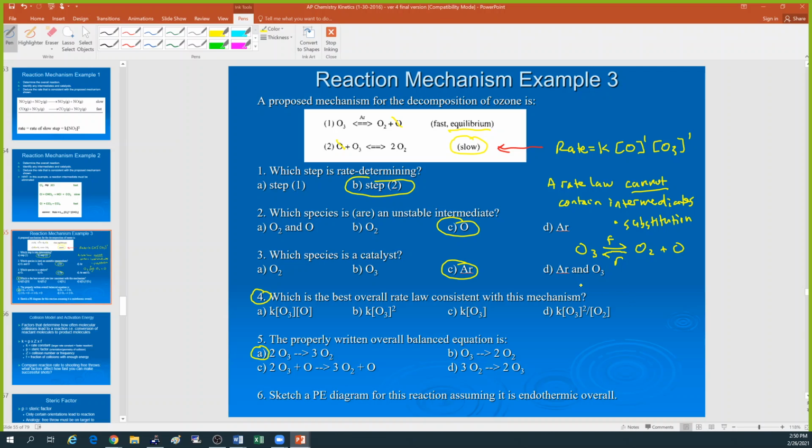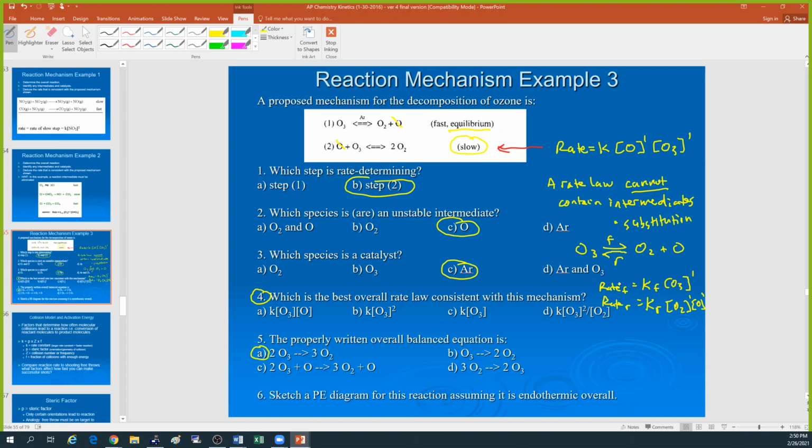Now check this out. If we write the forward rate law, we could say the rate in the forward direction would be based on some forward rate constant times ozone to the first power. But can't we also write a rate law for the reverse reaction? In the reverse case, we'd have a new constant, call it the reverse rate constant, and we'd have O2 to the first and O to the first.